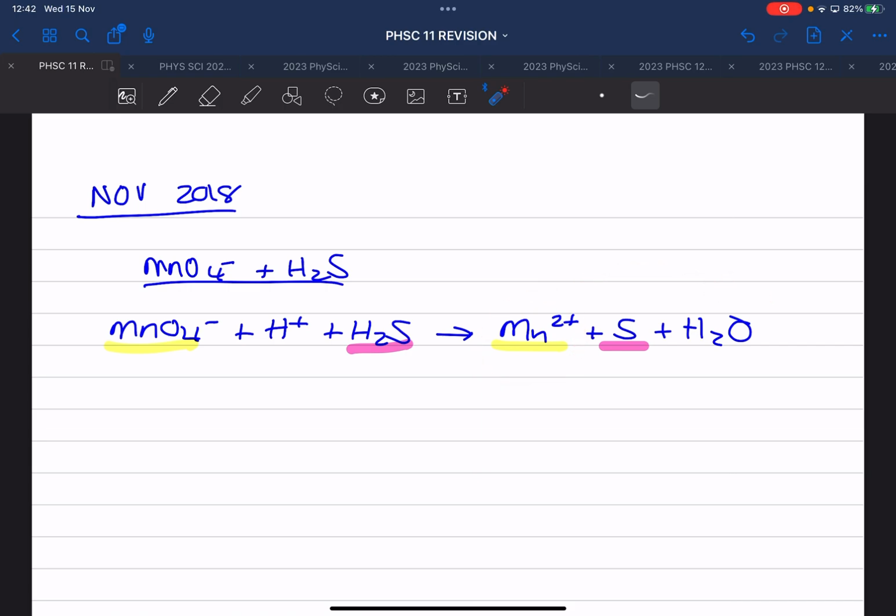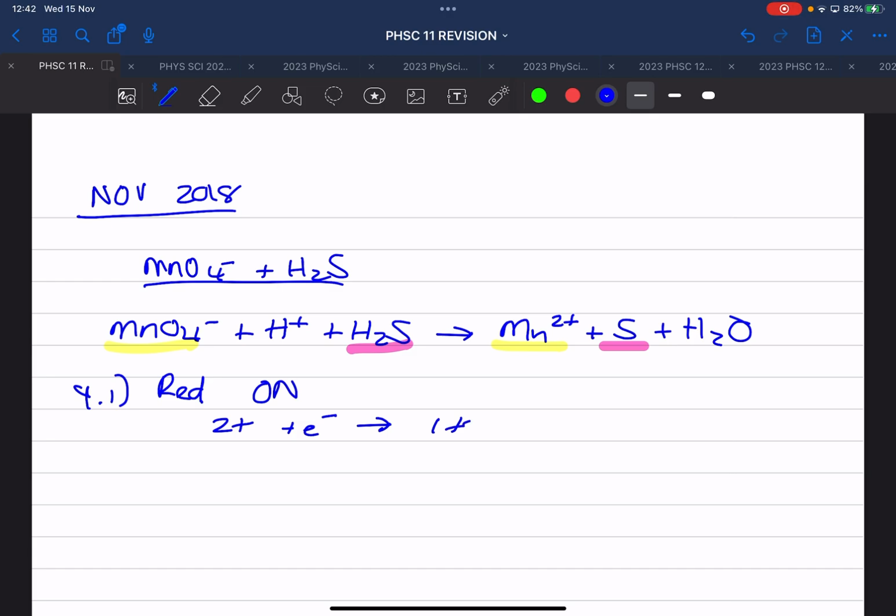Now they ask, define reduction in terms of oxidation numbers. Reduction is the gaining of electrons. So what happens to the oxidation numbers? Say you go from 2 plus, you gain electrons, then you go to 1 plus.